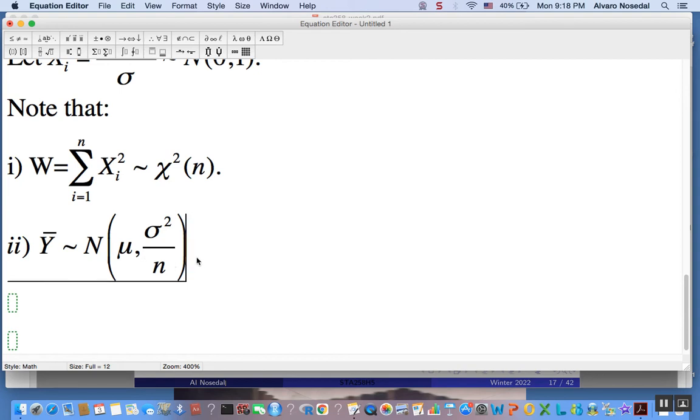But now that implies that if you're interested in the following quantity, y bar minus mu divided by sigma divided by the square root of n, that would be the standard deviation of y bar.